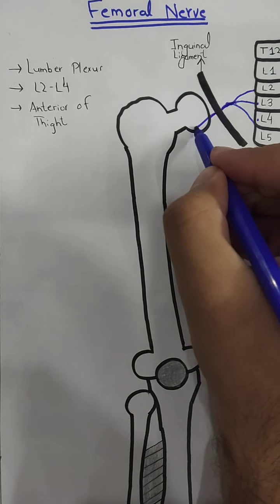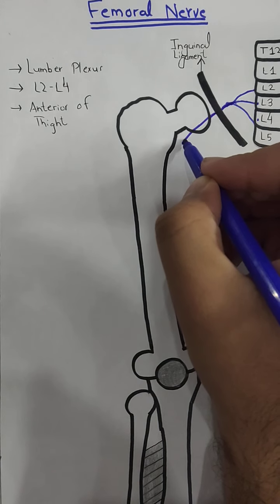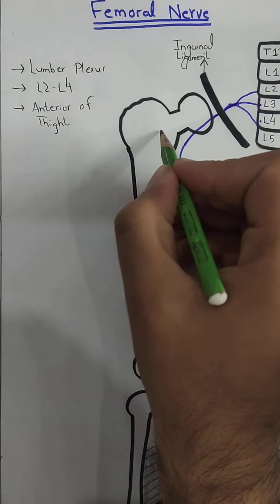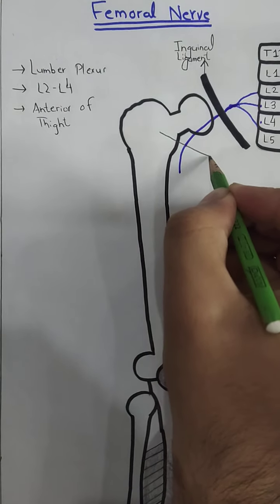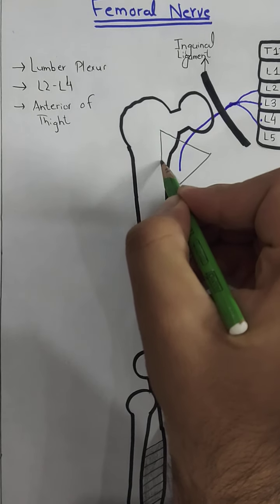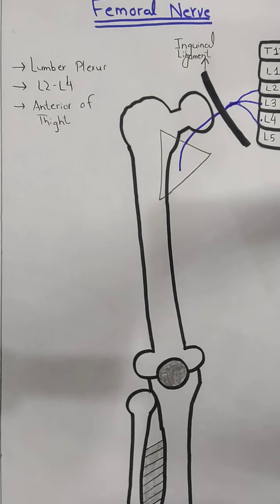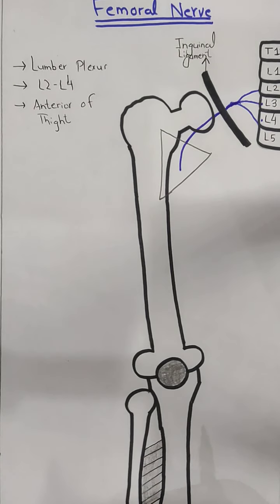Then it will be present in the femoral triangle. So we will here draw the boundaries of the femoral triangle. Let's suppose that this area will be the femoral triangle, which is a space near the inguinal region.